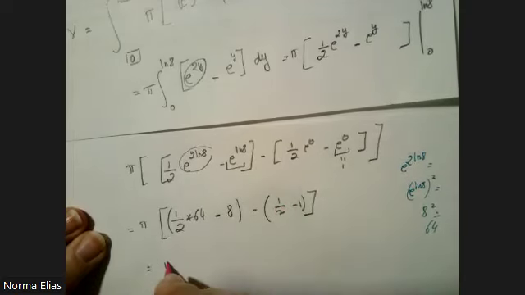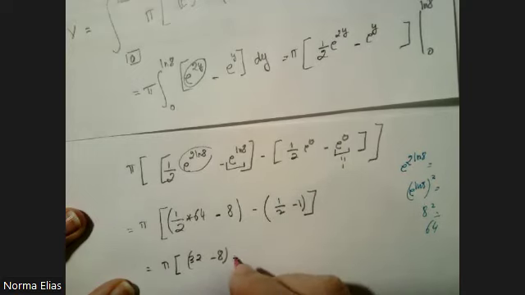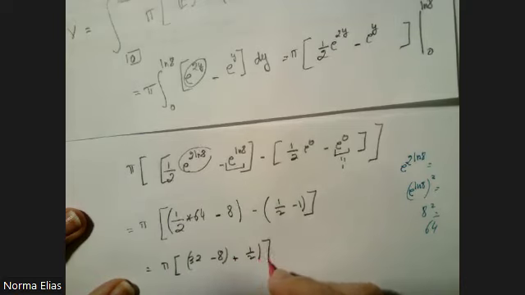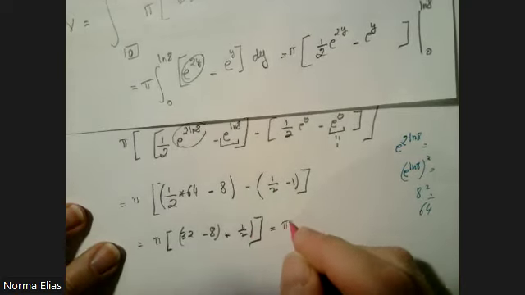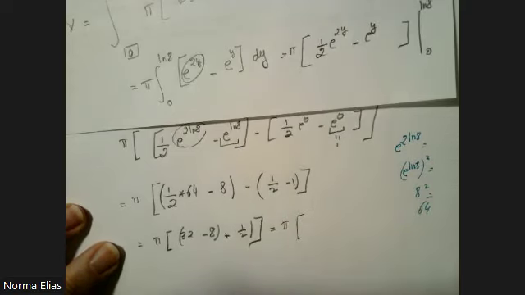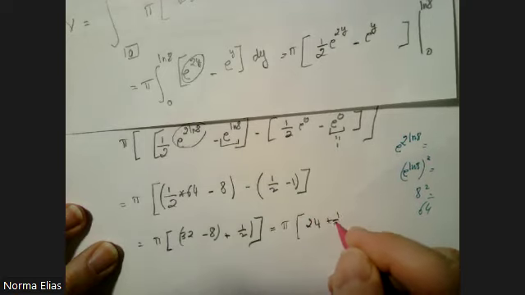So finally, I will have pi times 32 minus 8, plus a half. Okay, and the rest is nothing more than simple math. So that's pi times 32. You take 2 and you get 24 plus a half.